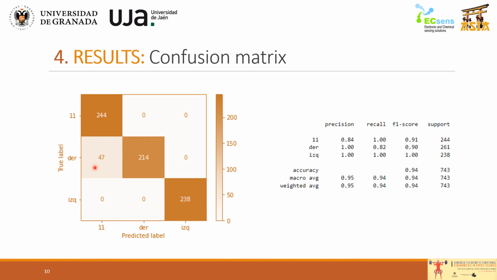Only 47 were incorrectly predicted, coinciding that the real level was there and they were labeled as 1-1, as shown in this confusion matrix. The rest of the metrics calculated from this matrix are shown in the table. The results are encouraging, as accuracy is only most affected for the level 1-1, where accuracy is 84%.